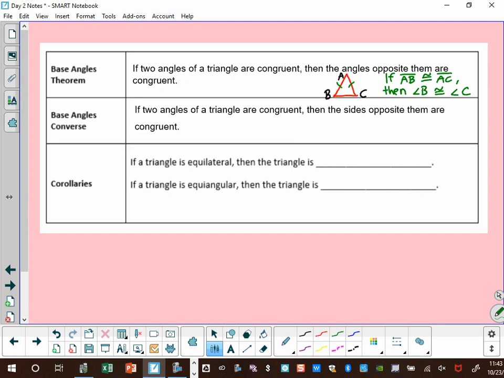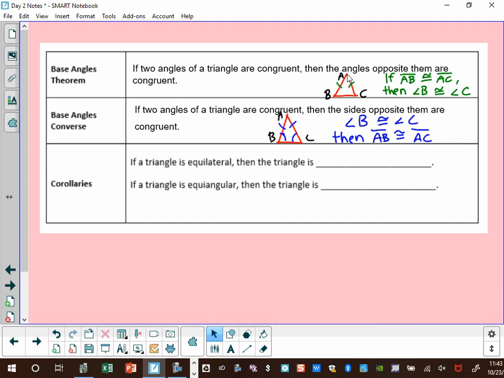And the base angles converse is saying the same thing. If we have a triangle called ABC, and they mark these 2 angles, like B and C. That means if angle B is congruent to angle C, then we can assume that AB is congruent to AC, just opposite.